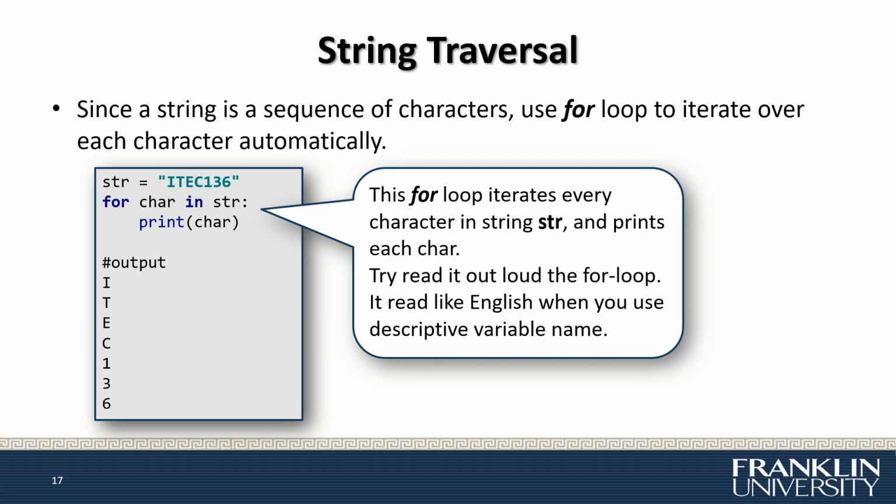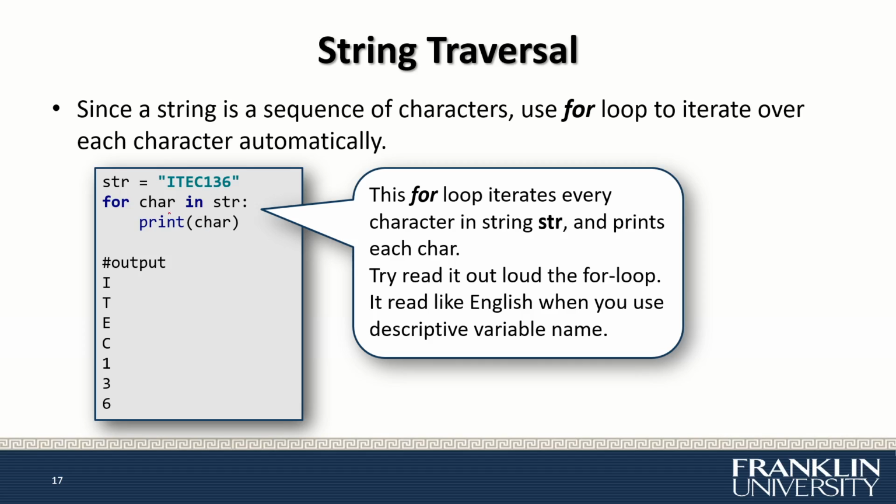Since a string is a sequence of characters, we use a for loop a lot when we try to iterate over the string. In this example, I have a string "ITech136", for char in string. When you write a for loop or any loop, use a meaningful, descriptive variable name.